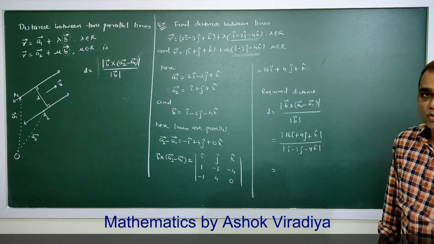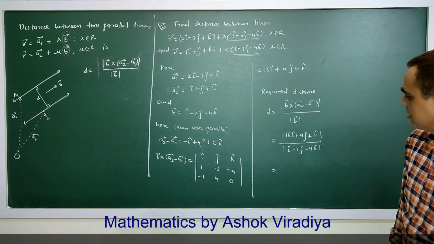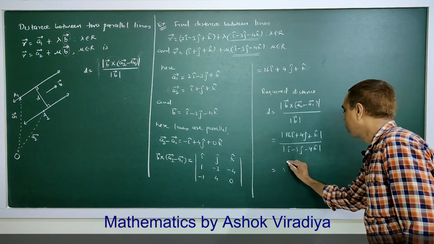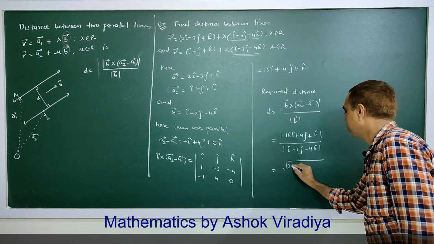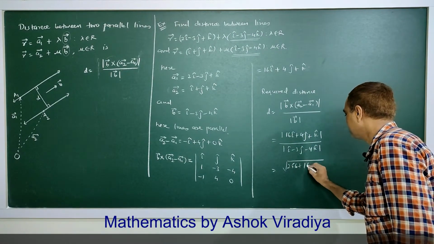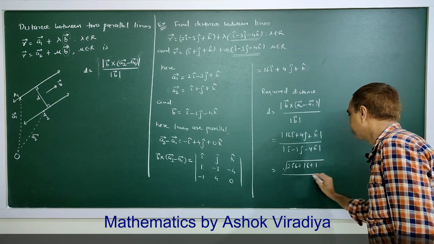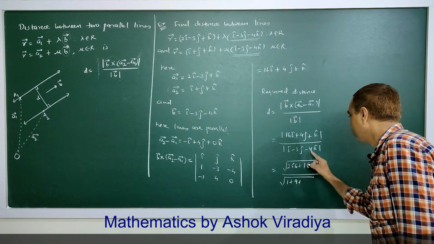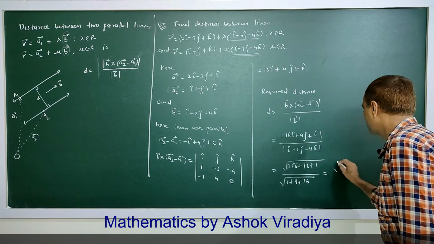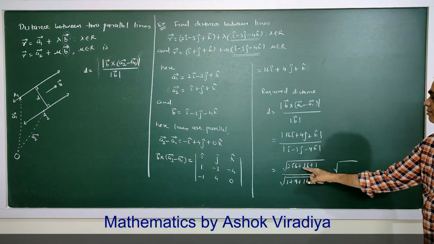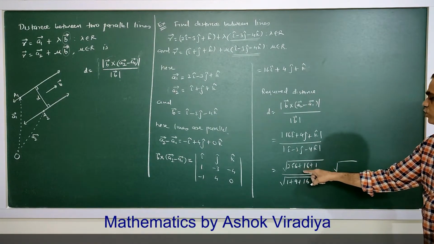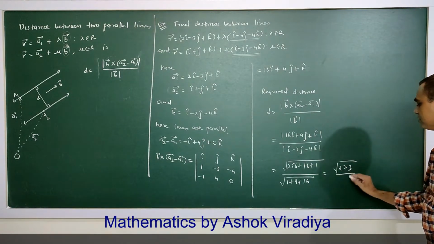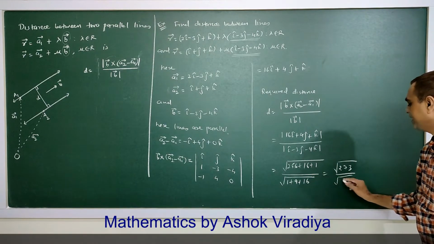Numerator and denominator both are vectors, so these are symbols of magnitude, not modulus. So it is square root of 16 square is 256, 4 square is 16, 1 square is 1, upon square root of 1 square is 1, minus 3 square is 9, 4 square is 16. So it is square root of 256 plus 16 plus 1, that is 273, upon square root of 26.